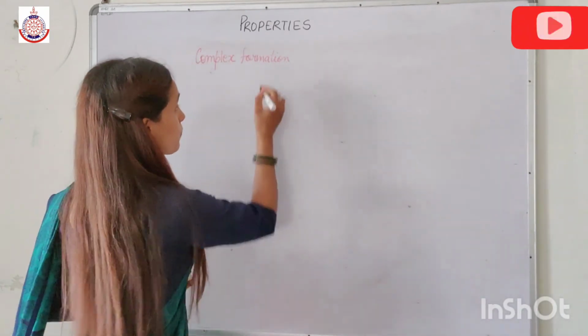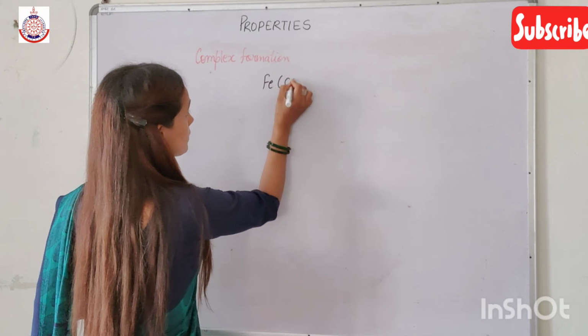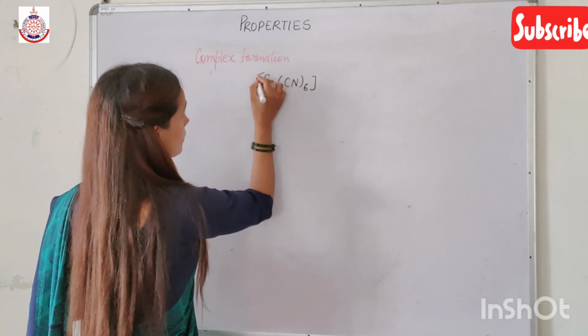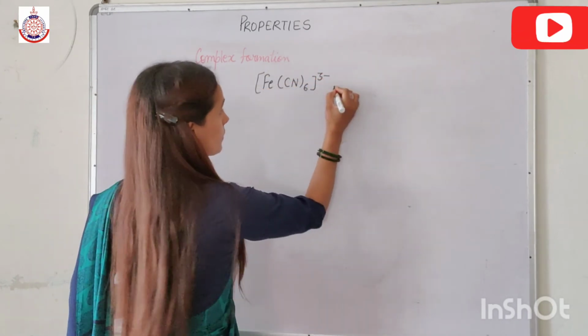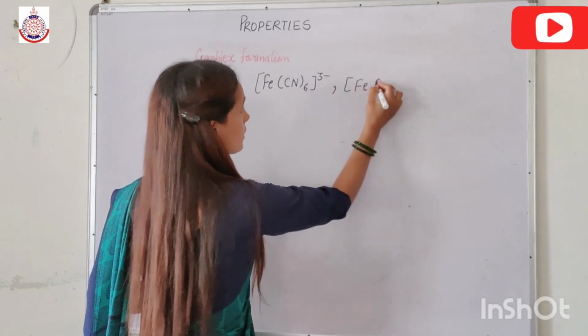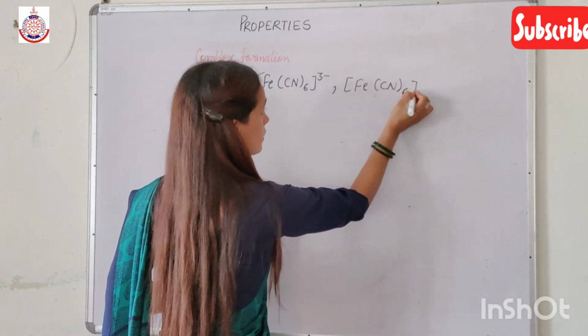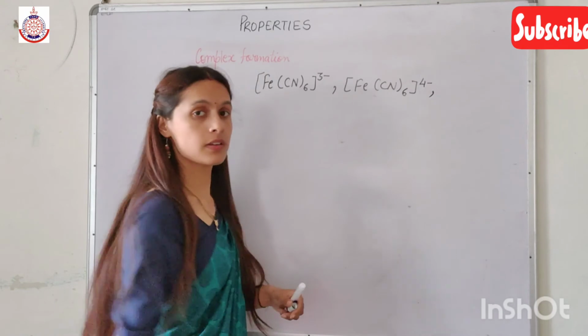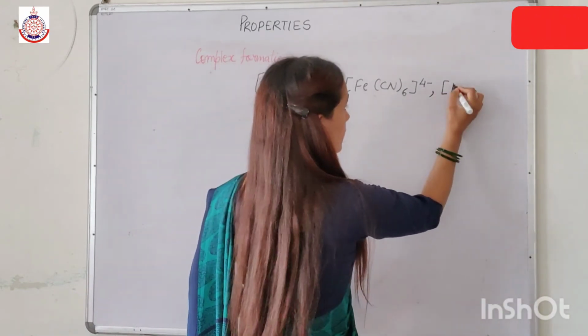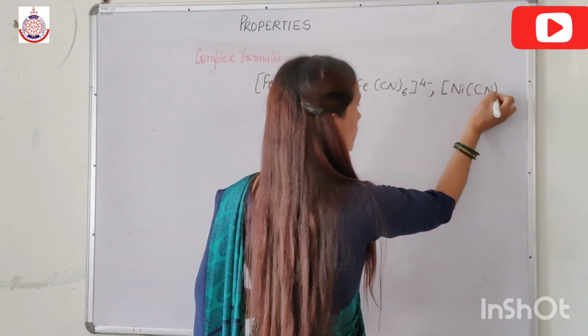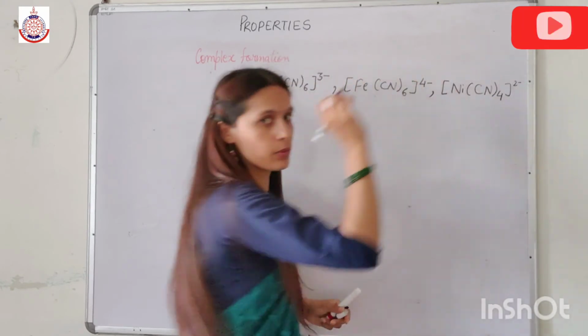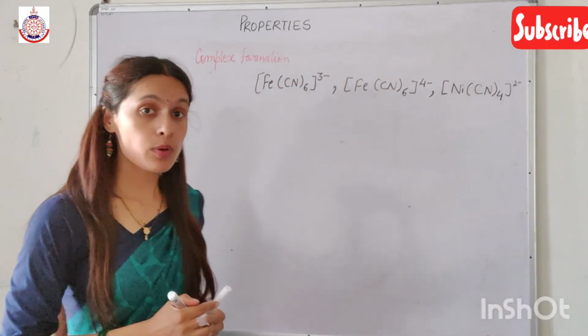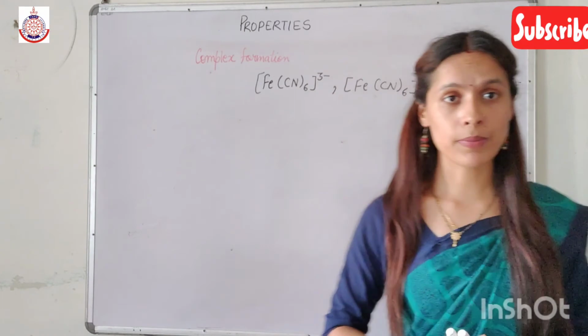For example, Fe(CN)6 3 negative, Fe(CN)6 4 negative, Ni(CN)4 2 negative, and many more. But s and p block elements don't form complex compounds.